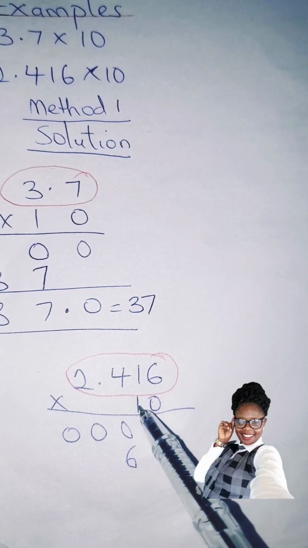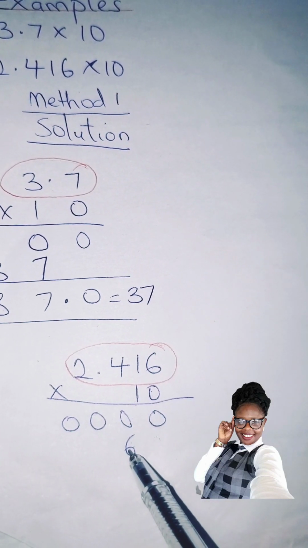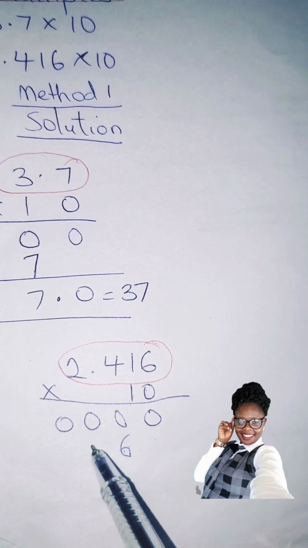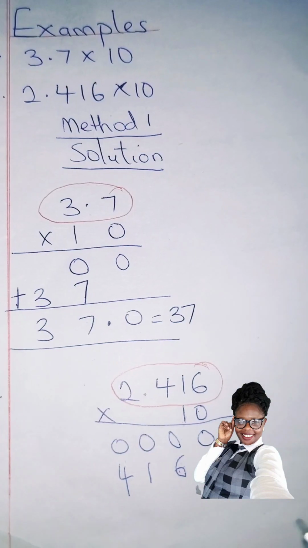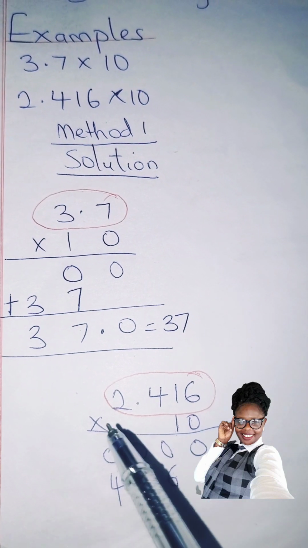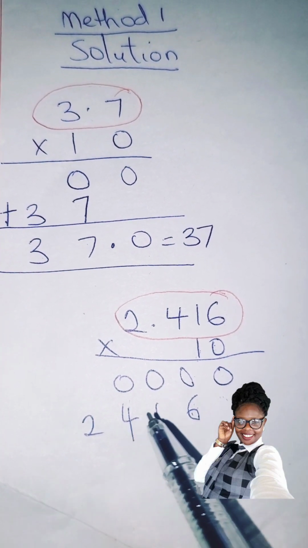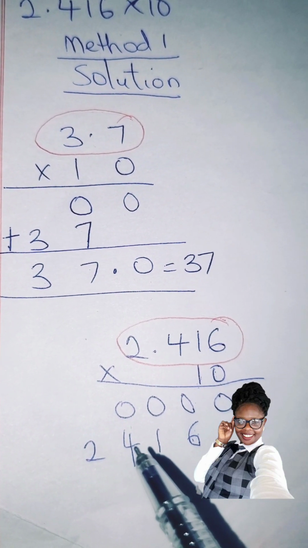I'm beginning with the new number, which is the second number. That is why I began from this second number. Now, 1 times 1, 1. I'll write my answer here. 1 times 4, 4. Then 1 times 2, 2. Like this. Do not worry about the decimal point for now. You get that when you get your final answer.